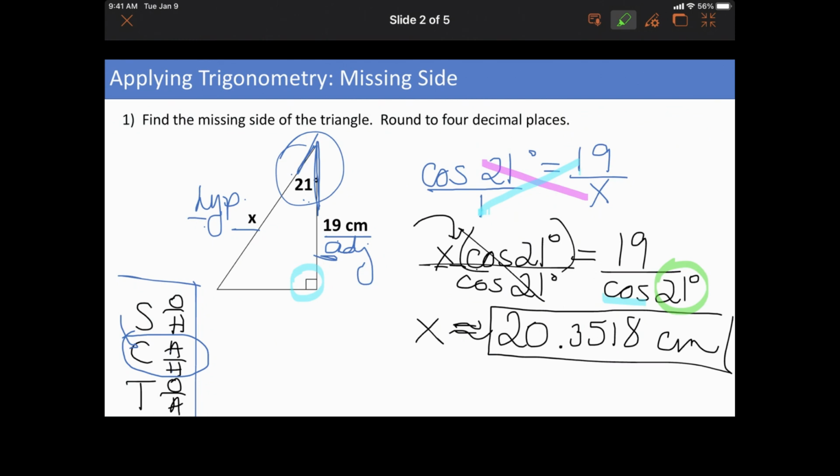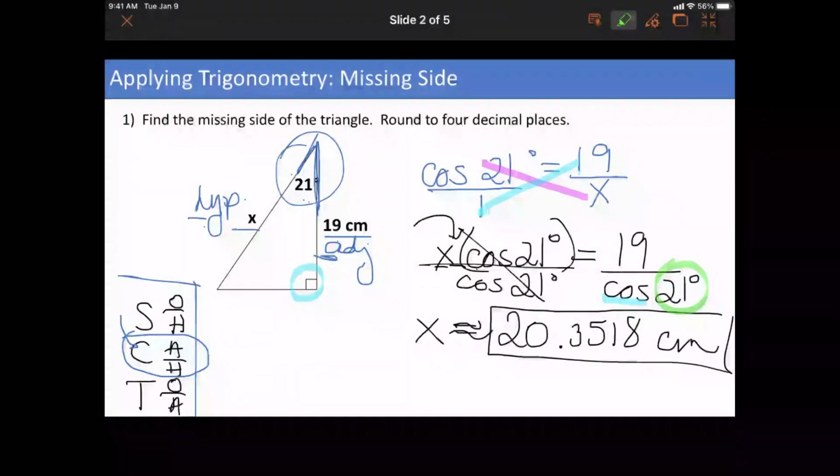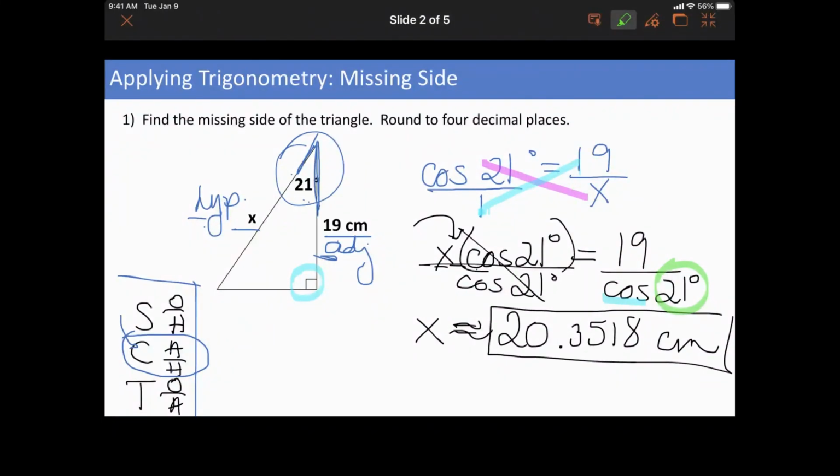So I would hit 19 divided by 21 cosine, and then equals. Okay, and I also get the same answer. So there you are with that one.